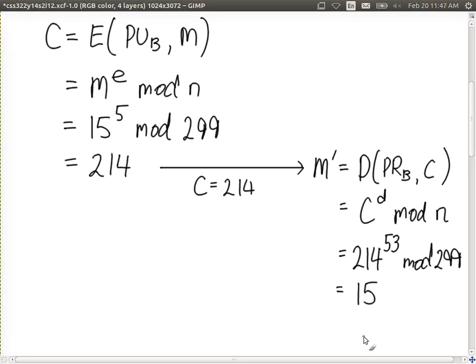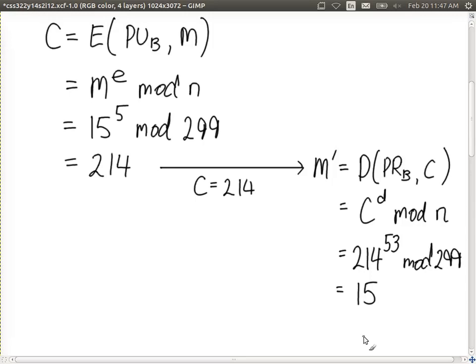So that's it. That's RSA in use. We encrypted some message M using the public key of B, send the ciphertext to B, B decrypts using their own private key. And the algorithm is designed such that you'll always get the same M back if you follow those steps, as long as nothing's changed.